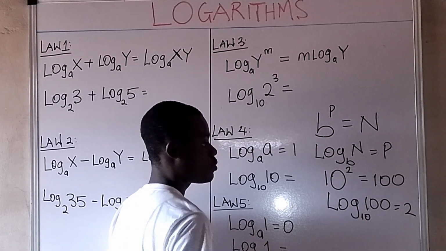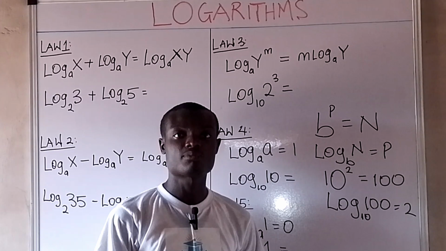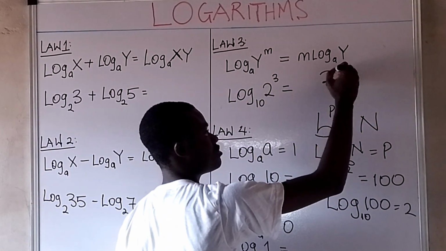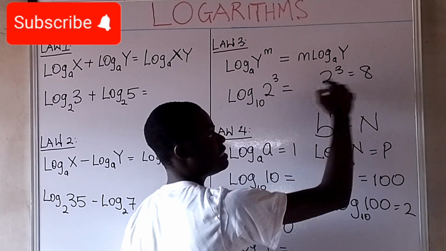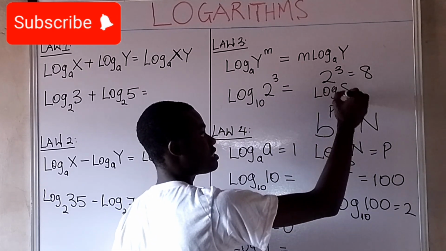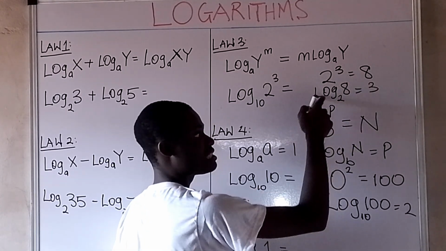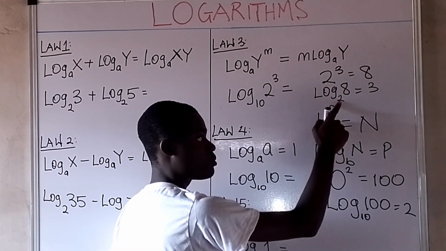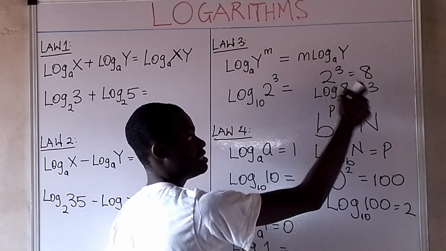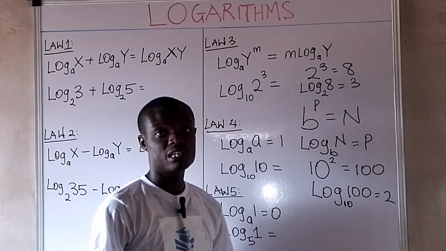So in mathematics, there are several bases to which you can express logarithm. For example, I can have something like 2 raised to the power of 3 is equal to 8 in index form. In logarithm, it's going to be log 8 to the base of 2 is equal to 3. Remember, what is the power to which 2 must be raised to give us 8, and the power to which 2 must be raised to give us 8 is 3. So there are several bases to which logarithm can be expressed.